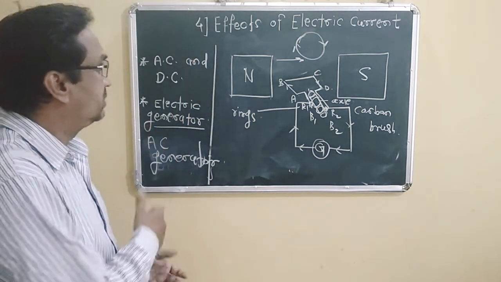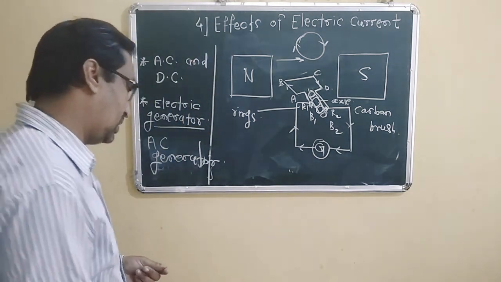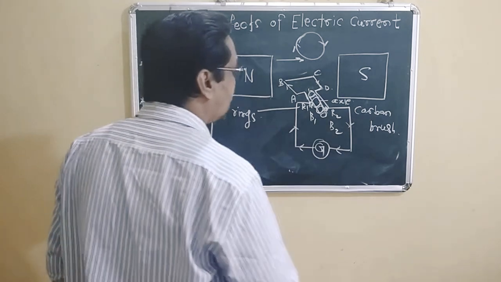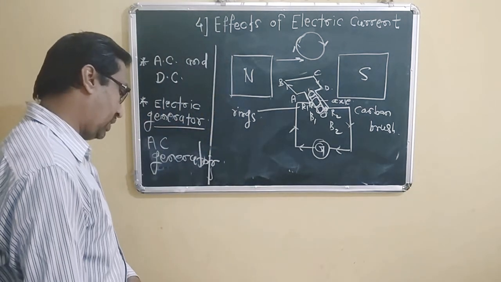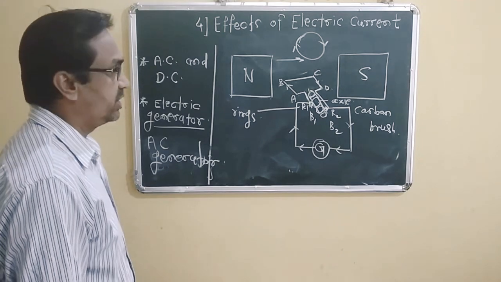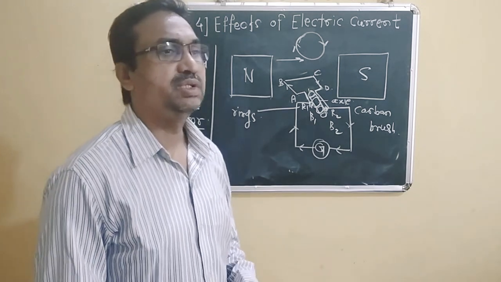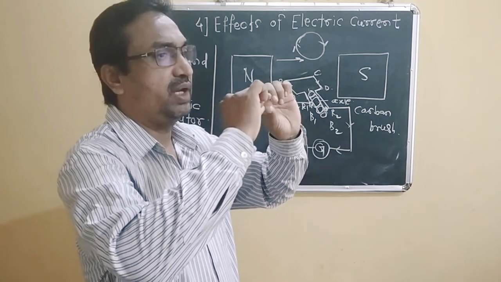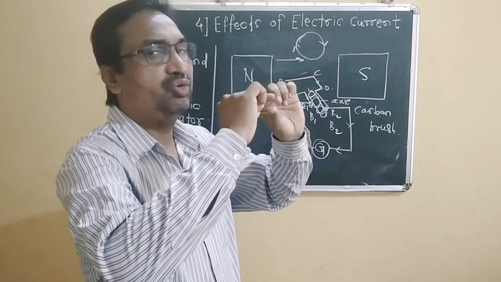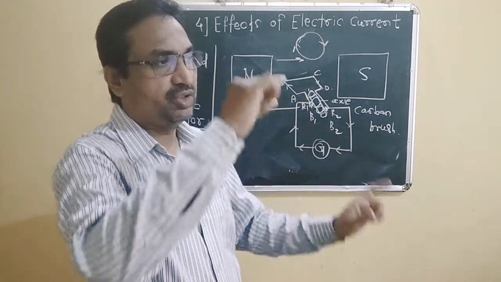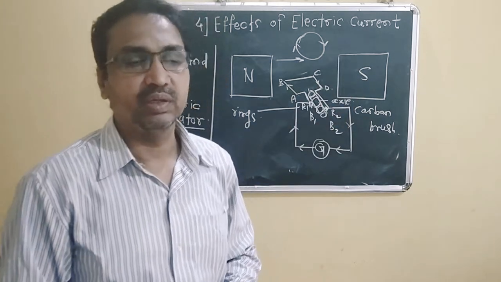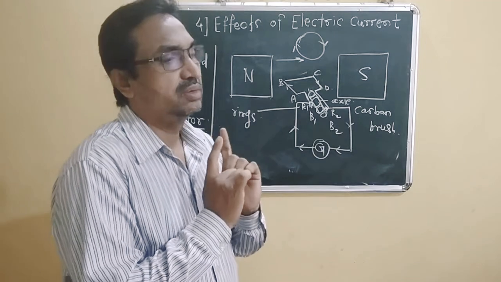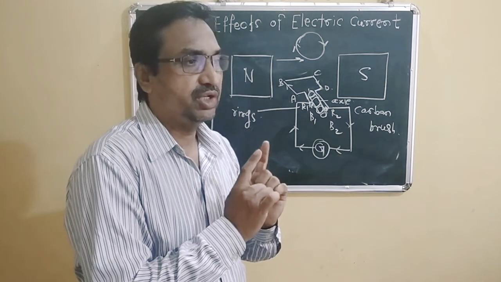The last thing mentioned here is what will be required to make a DC generator. A DC generator means the electric current is produced in one direction, with no fluctuation. The current does not change its direction.